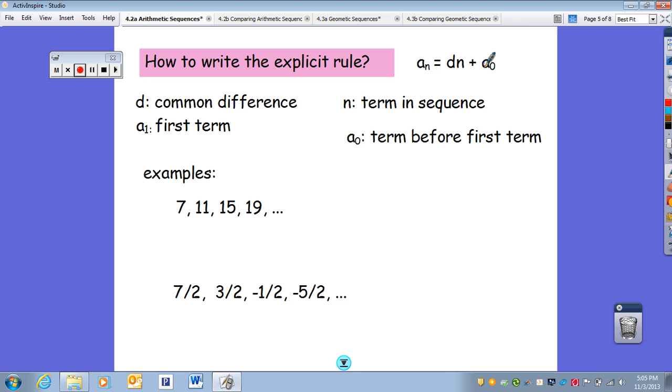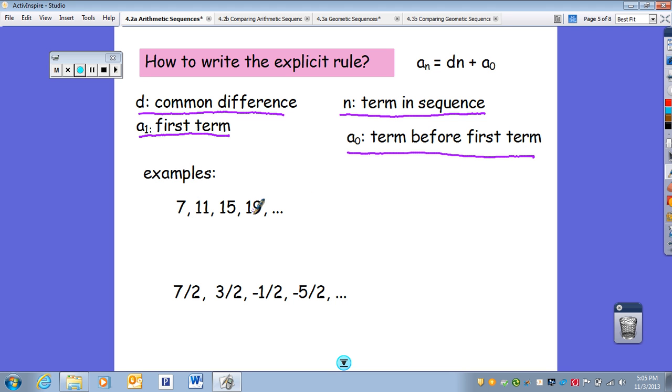A sub 0 is the term that actually occurs before the first term in my sequence. So d is your common difference, a is your first term, n is the number in the sequence that I'm looking for, and a sub 0 is the term before the first term.